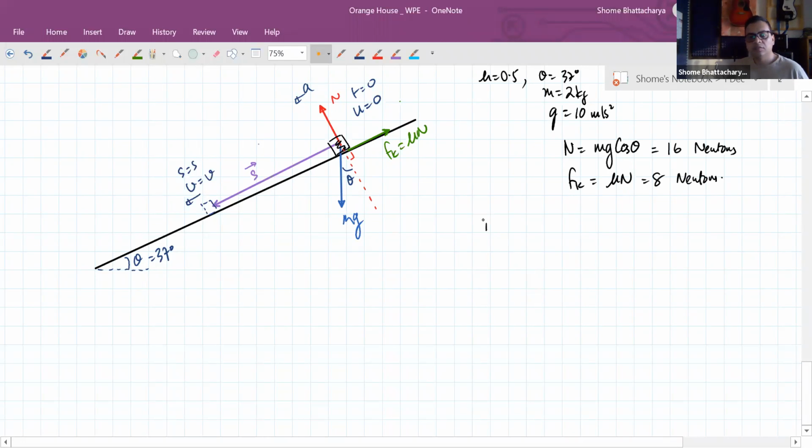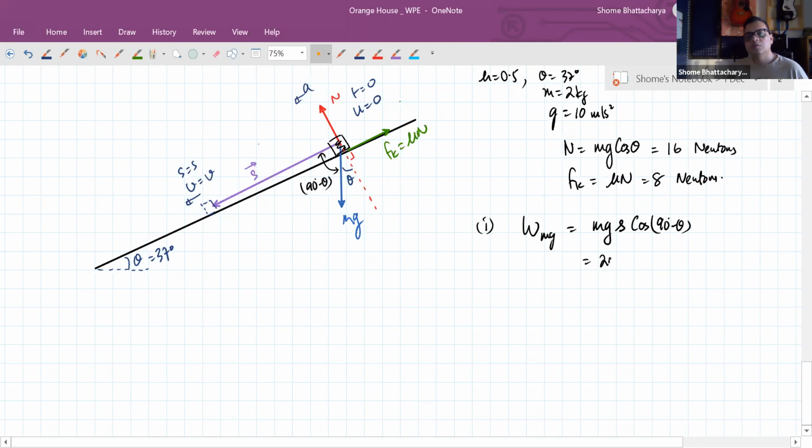So we will see that work done by mg will become mgs cos(90 minus theta). You can see that this angle here is 90 minus theta.